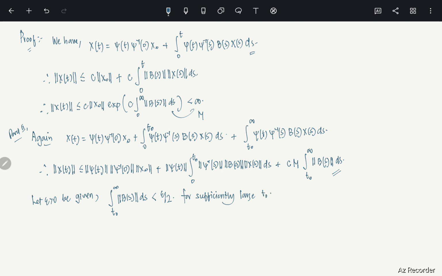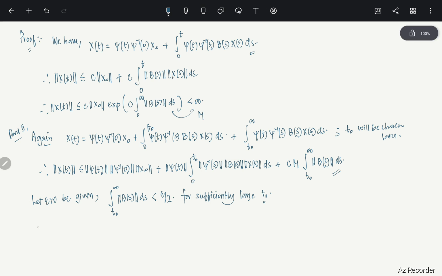You see, this is why, when I wrote t0 here, I did not write what t0 is. t0 will be chosen later. So now we have chosen it. Okay, you see, now we chose t0 sufficiently large such that this is happening. Clear?